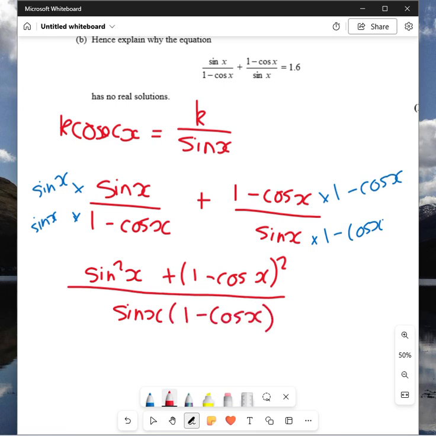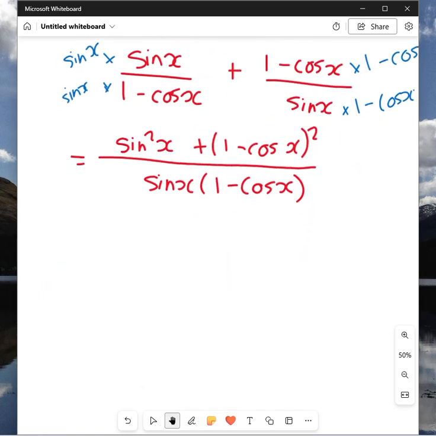So I've then got that, and I'm thinking, well, that's not what I want yet. Let's expand that bracket at the top, because I think I can see I'm going to get some cos squared x's, and sin squared plus cos squared is 1. That will hopefully help me eliminate some terms.